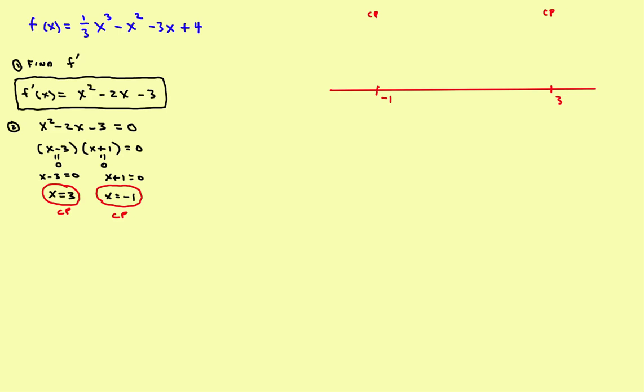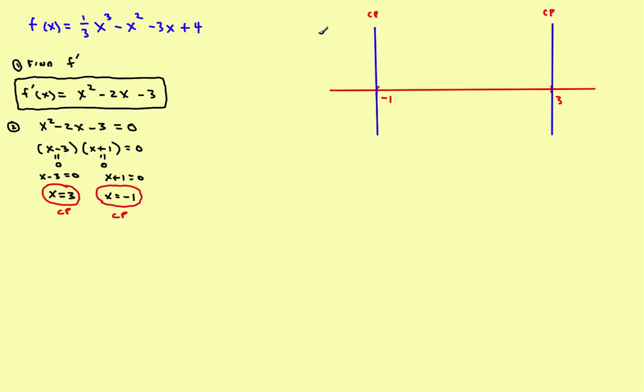Now what that does, that divides this thing up into intervals. So I'll go ahead and put those intervals on there right now. We'll assume that this first interval goes from here down to right here. And the second one goes from here down to right here. So I've got it divided up now into 3 intervals.